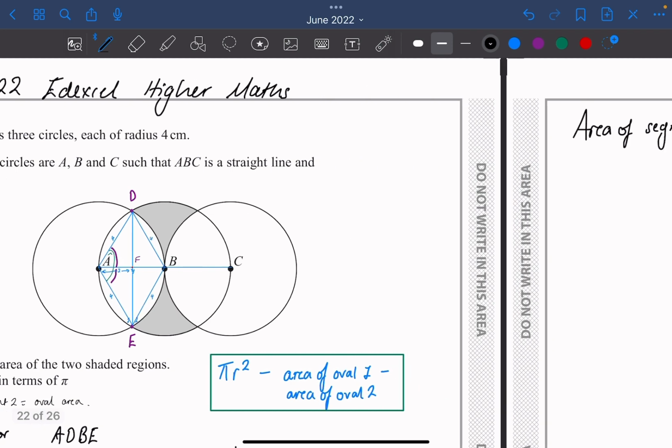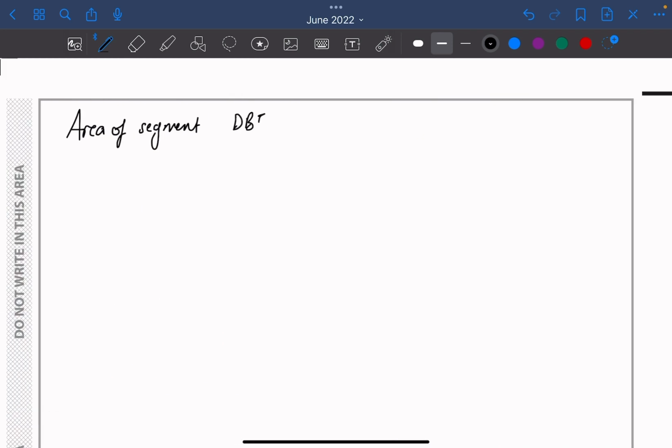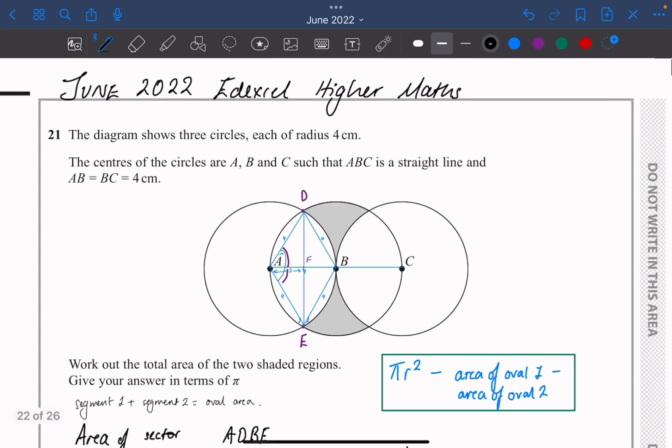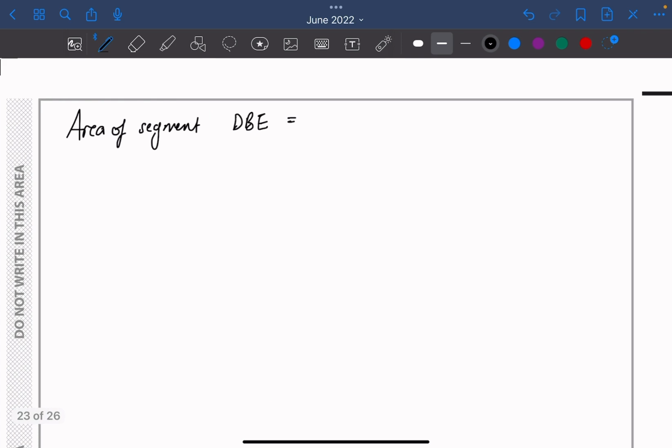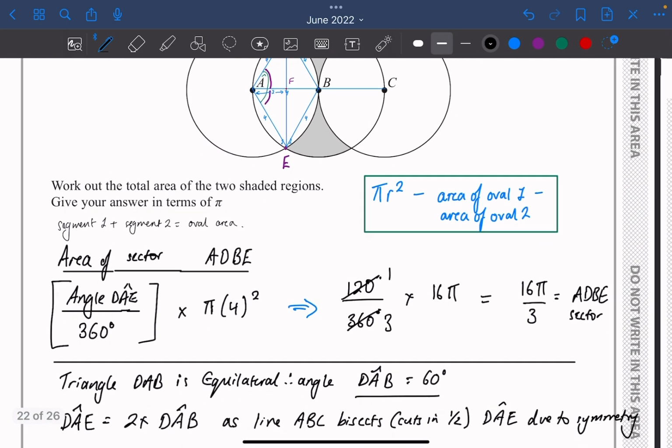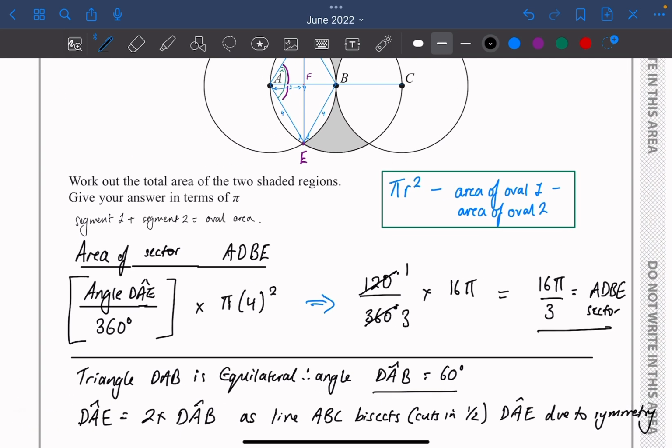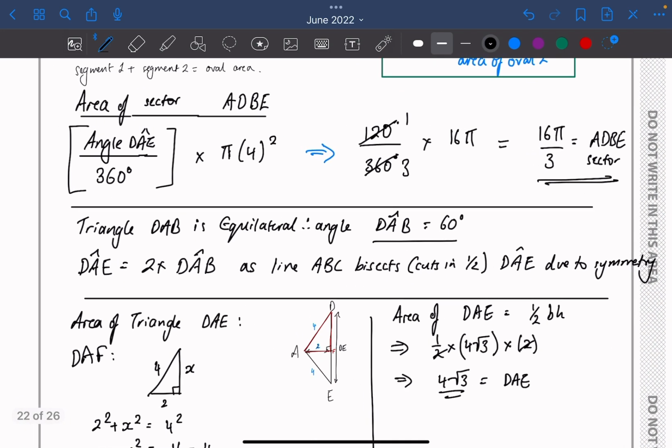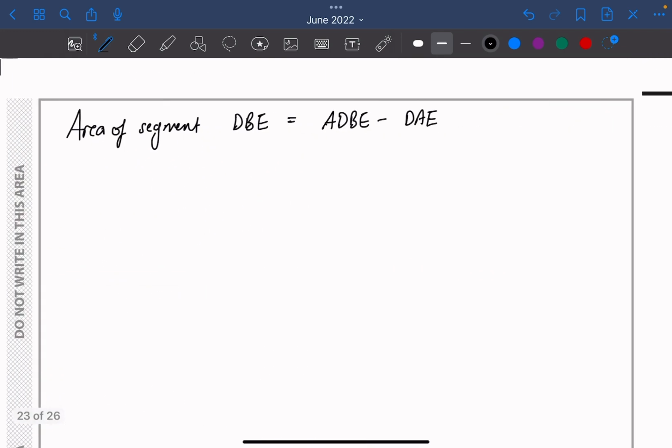Segment DBE is equal to ADBE minus DAE, which is 16 pi over 3 minus 4 root 3. All right. Now, that's the area of the segment.